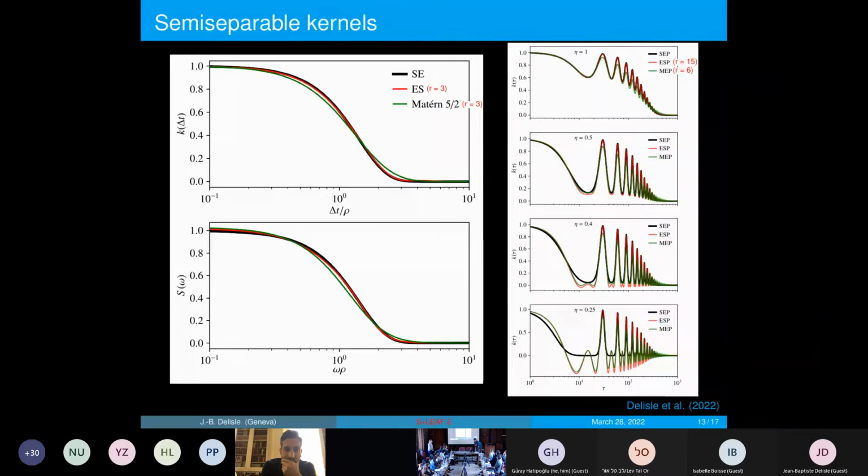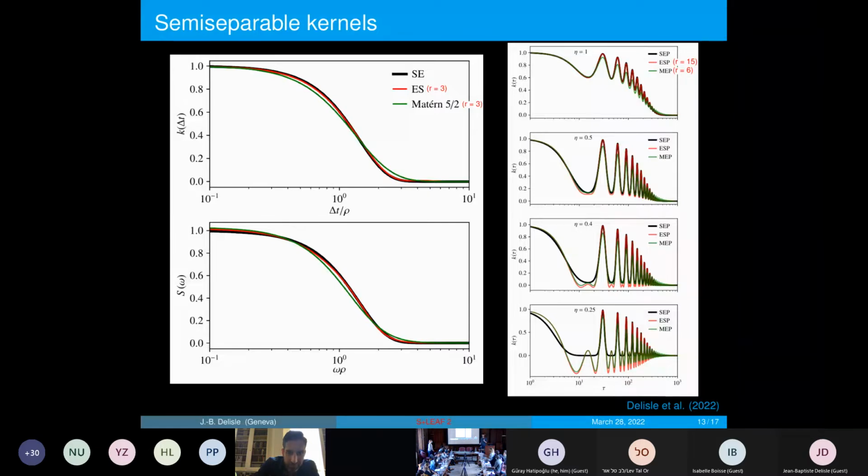Yeah. Maybe quickly this, because the difficult part, the only missing part, is to select a proper kernel to apply this. Because of course we cannot do any kernel with a semi-separable representation, but we can play with the kernels that are available in celerite to try to mimic the kernel we want.